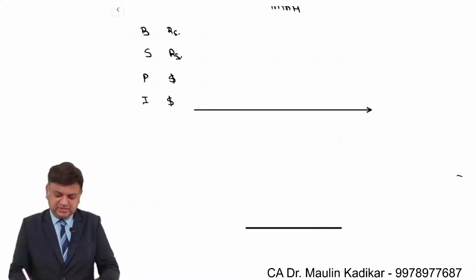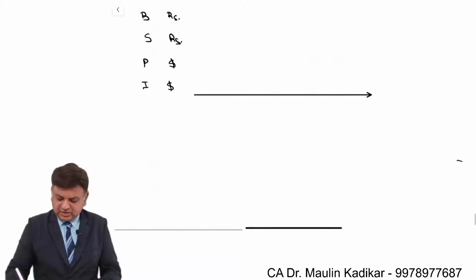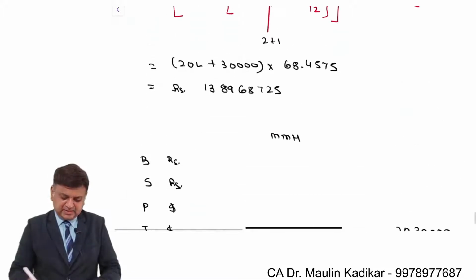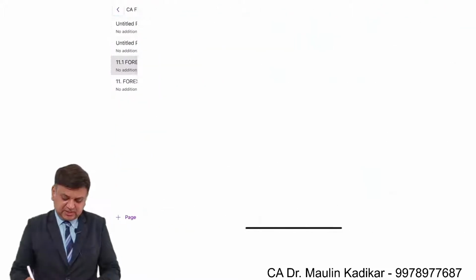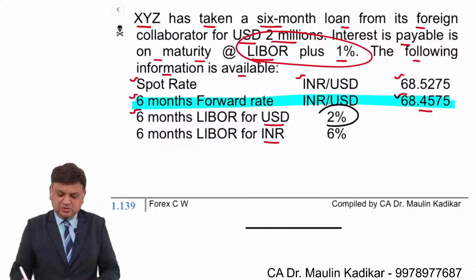Listen carefully, friends. The amount that you require is 20,30,000. That is the repayment of the loan. For the dollar currency, the rate of interest is given to us in the question as 2% per annum.